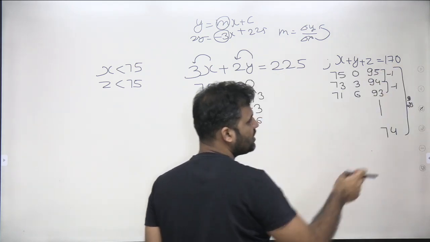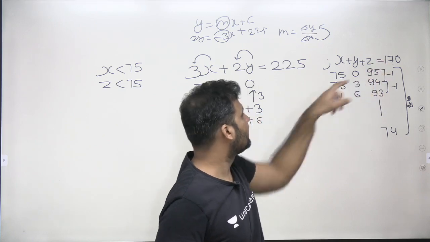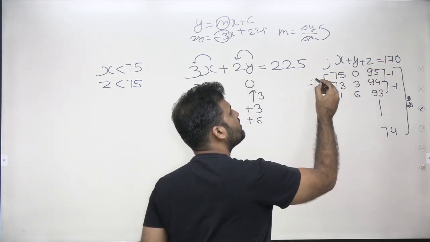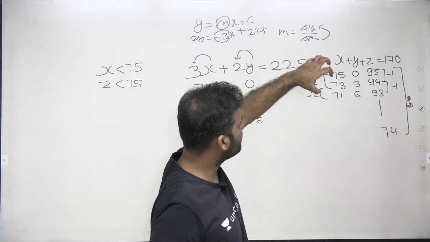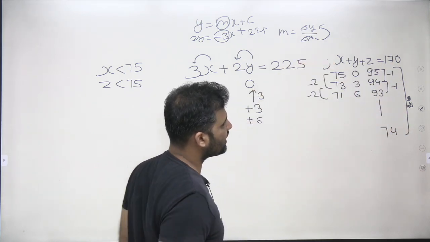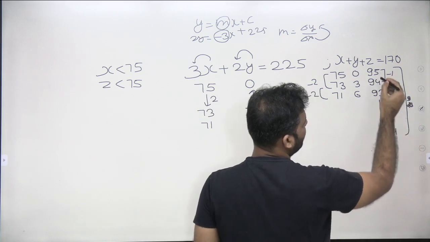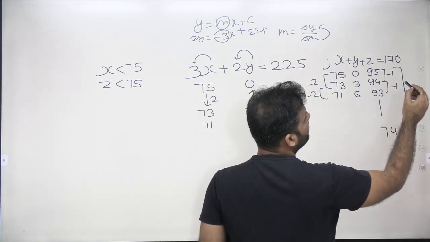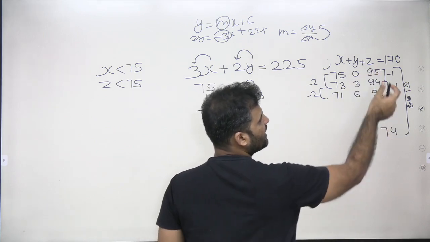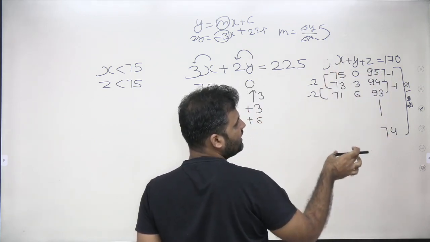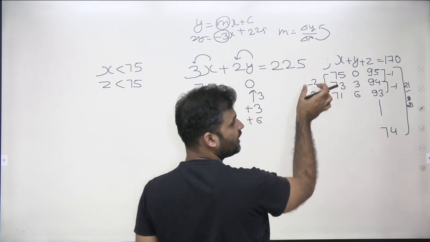But every time you decrease the value of z by 1, the value of x is getting decreased by 2. So if you're decreasing it 21 times by the value of 1, x will get decreased 21 times by the value of 2.